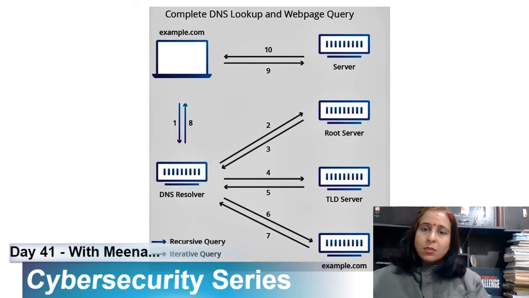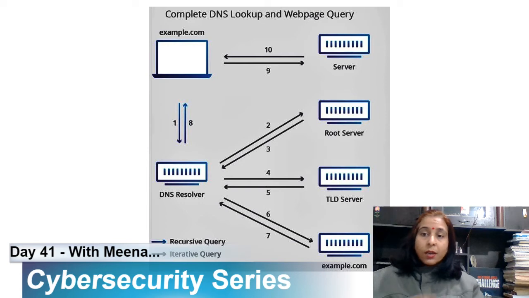The DNS resolver will then send that reply to the PC, and the browser will get the IP address of the domain name we entered in the address bar, so it will directly contact that particular web server.